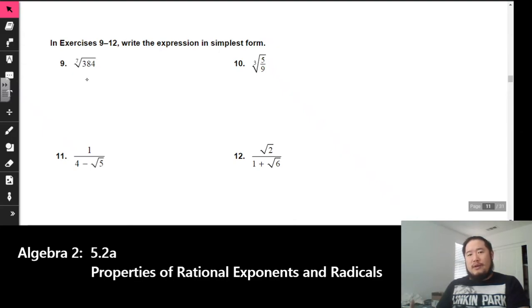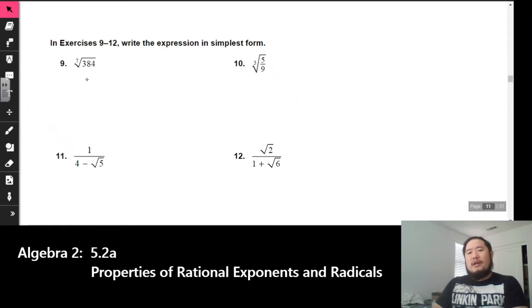A lot of those we know, like if I take the square root of 4 it's 2, square root of 9 is 3, square root of 16 is 4, etc. Hopefully now you know some of the perfect cubes, like 8. If I take the cube root of 8, that's 2. The cube root of 27 is 3.